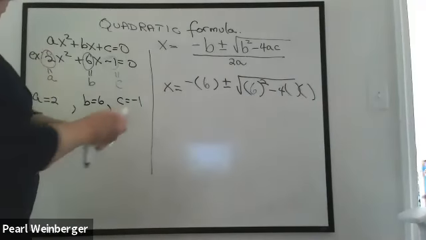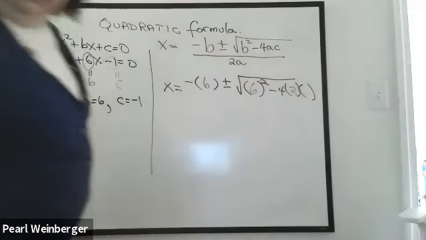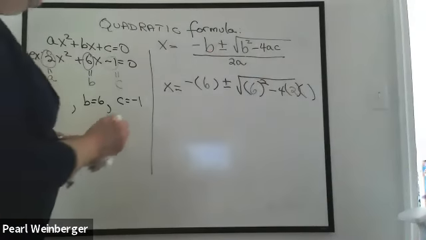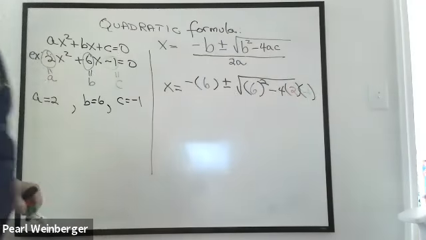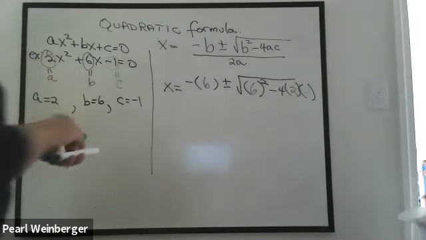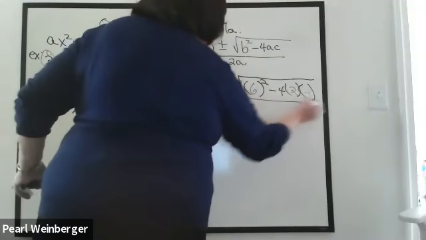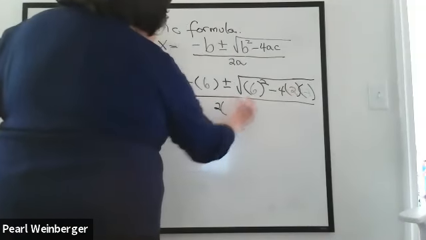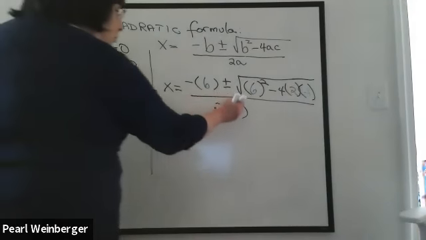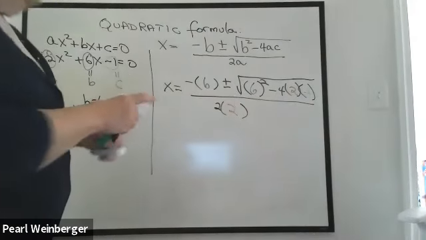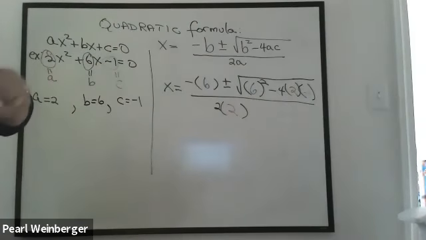The A is 2. And the C is -1. Notice all I'm doing is filling in numbers. And this whole thing is over 2, and here's my A, and my A again is my red. So all I do to use this formula is figure out what the A, B, and C is, and then just fill it into the formula.